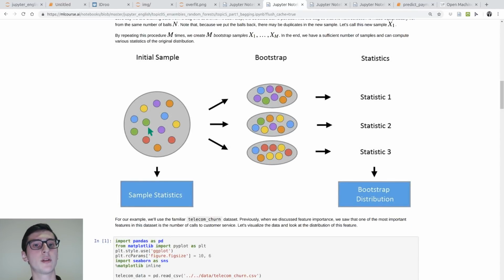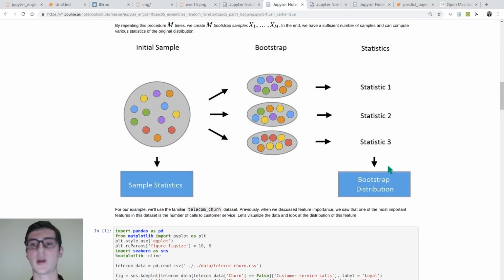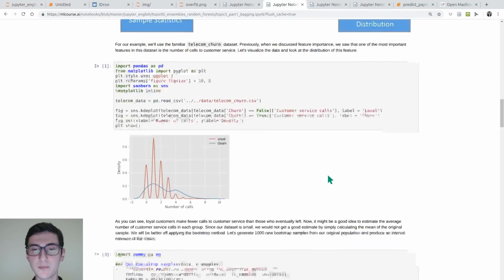So we've got an initial dataset, all these balls of different colors, and we'll take multiple subsamples from this one, calculate different statistics, and then we'll see distributions. So then we'll get a distribution, so it will be called Bootstrap Distribution, and so it actually illustrates this idea of medians. So if this statistics is actually a median, then it corresponds to what I've just depicted.